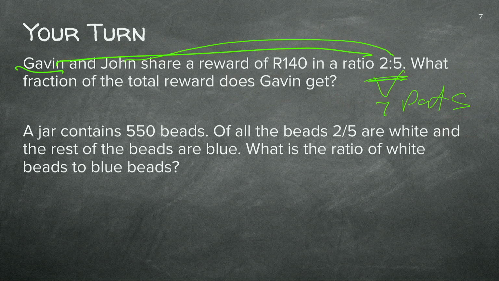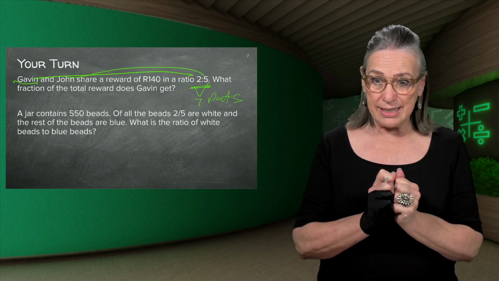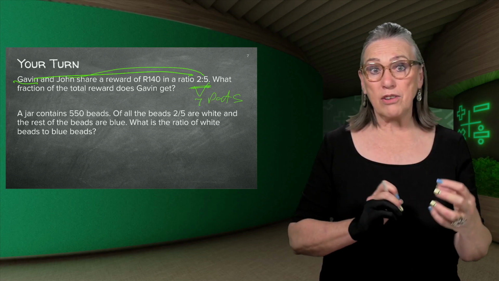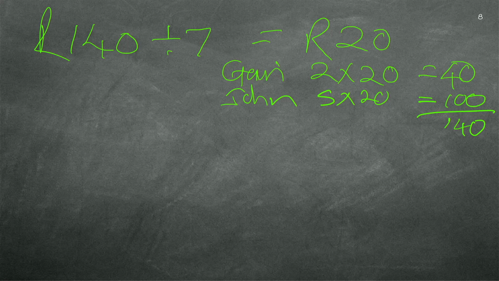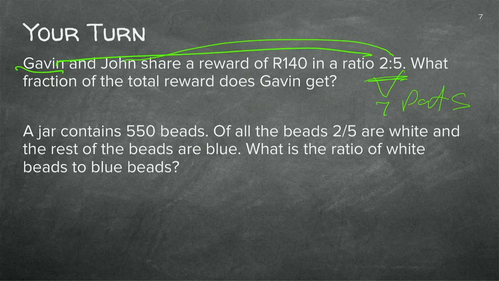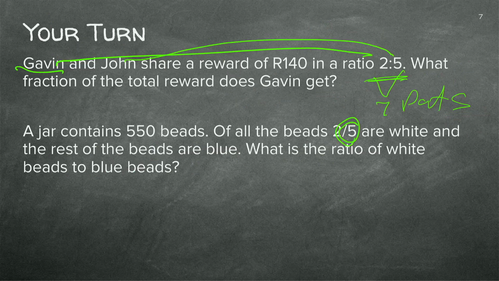The next one, remember I gave you the tip. A jar contains 550 beads and 2 of the 5 are white. So what we know now is our total is 550, and we divide it by our parts, 2 out of 5. So we divide 550 by 5, and one part will be 110. Now they say of all the beads, 2 out of 5 are white and the rest are blue.